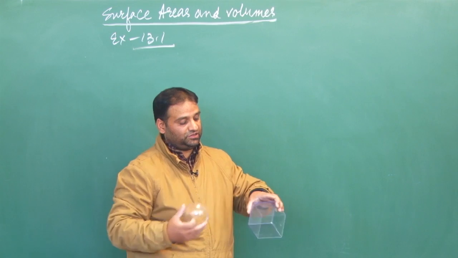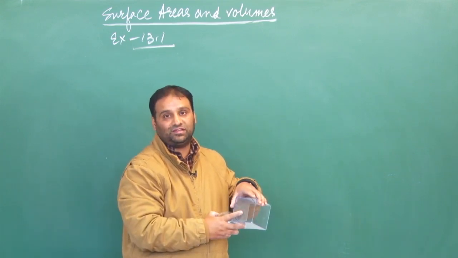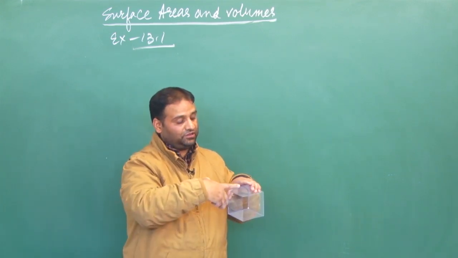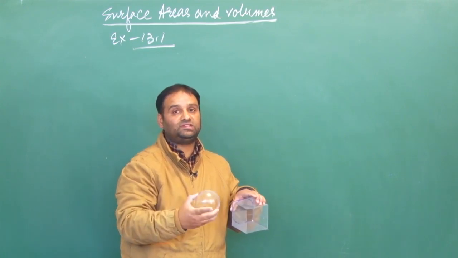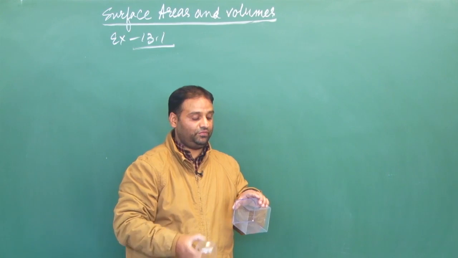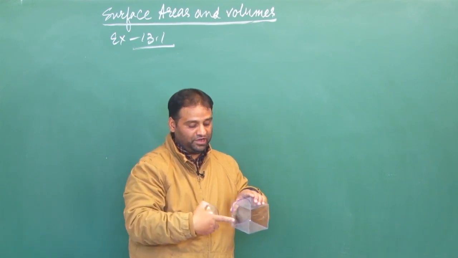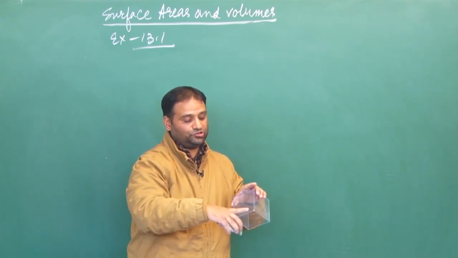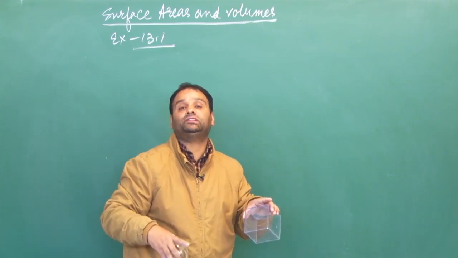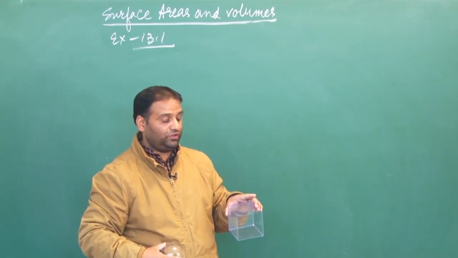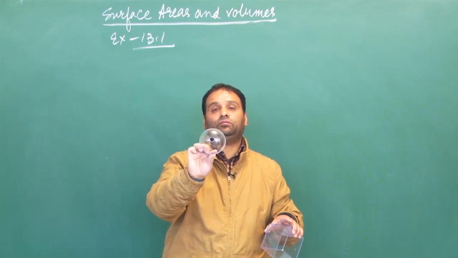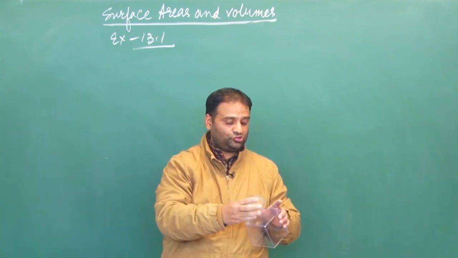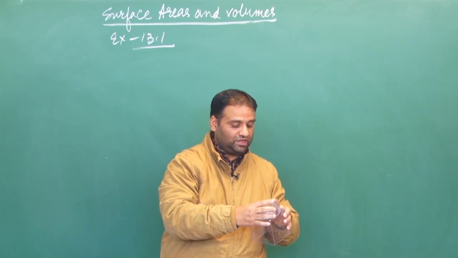First we take the whole 6th surface, and we subtract the circular surface from it because it is not exposed, it remains under the base of the hemisphere. Now, if you subtract all this, you will get the corners of the 6th surface that are exposed, and with that we add the curved surface area of the hemisphere.